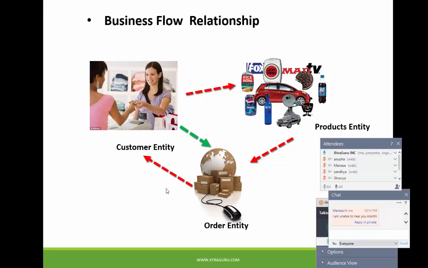Now, as I mentioned, when you start designing the database, you have to identify the entities. The entities are the customer entity, the product entity, and the order entity. These are the three entities for this requirement. But in future, let's assume you start a school business. The students will join the school and the teacher will teach.